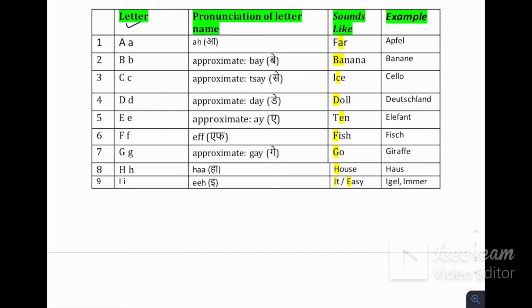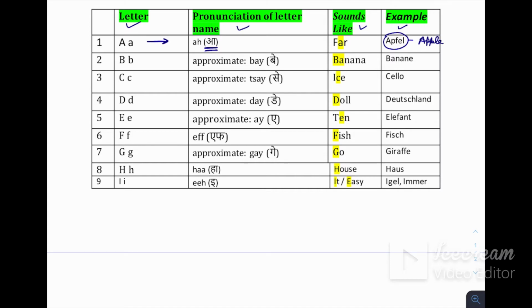This is how we are going to pronounce each letter and how it sounds in a German example. A sounds like A. Clear? A is A. For example, Apfel means apple.